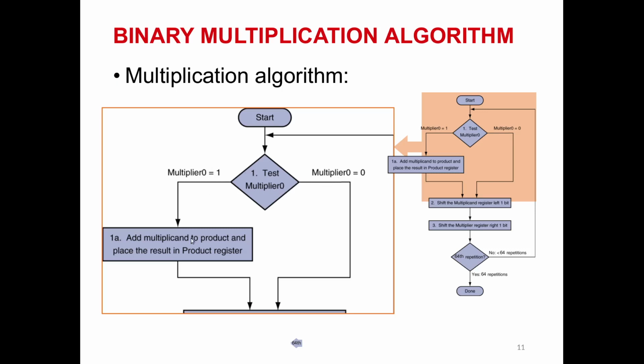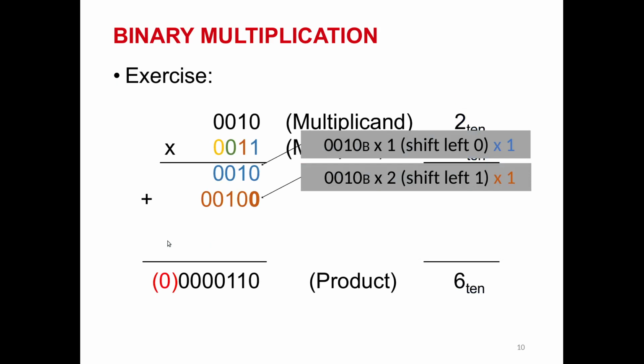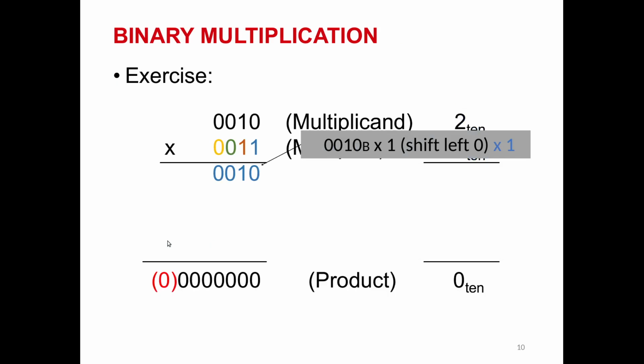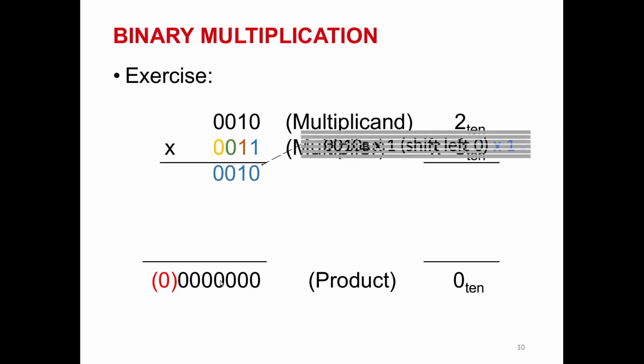If the value is 1, we come back here, we test this bit value. If it is 1, we have this value is the multiplicand, and so we need to add this value or the multiplicand value together with the product here, so you can see it.